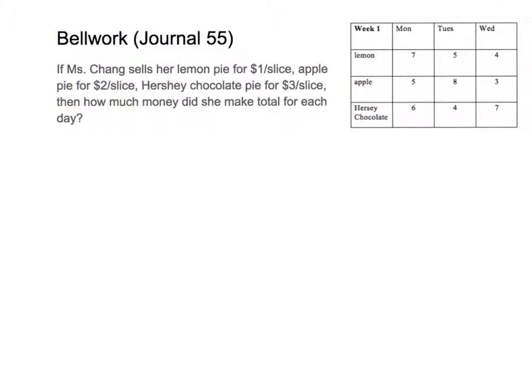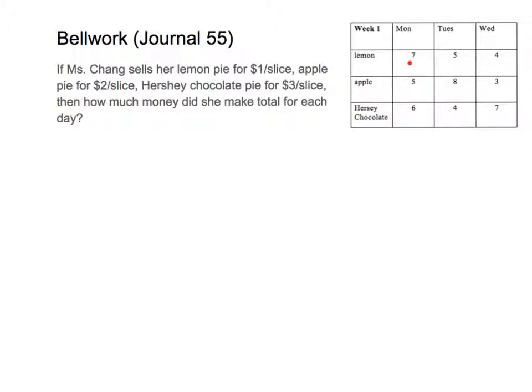Well, how can you find that with just basic math? Well, if you think about it, if you know the prices of the pies for each type, then you can take the quantity. So let's just focus in on Monday for a sec. If I wanted to know the total amount that I made on Monday, wouldn't I just take the type of pie, the number of pie, and multiply it by how much it cost?